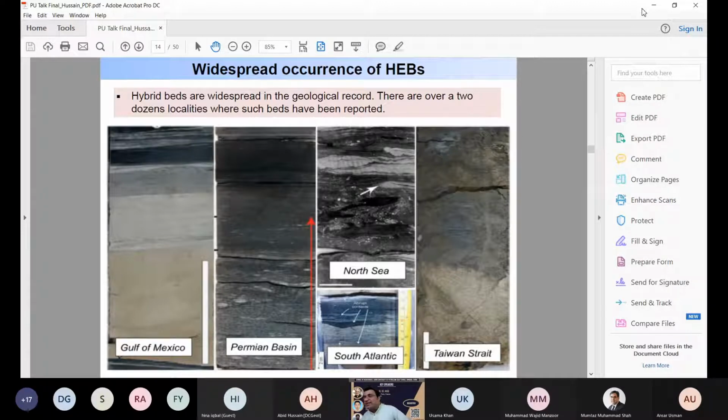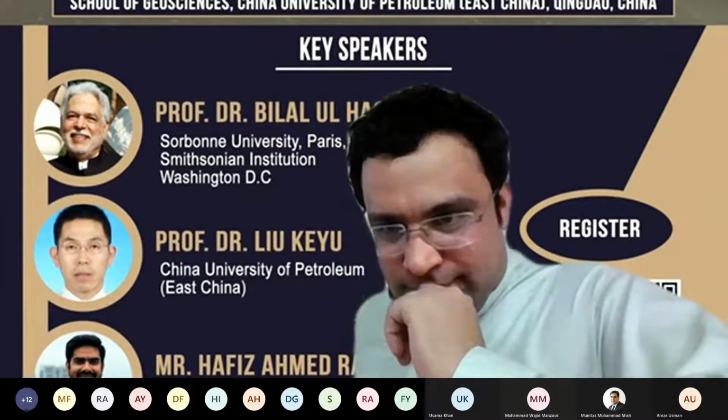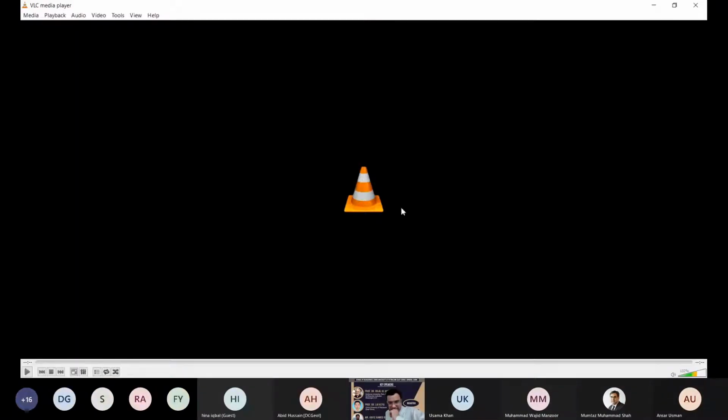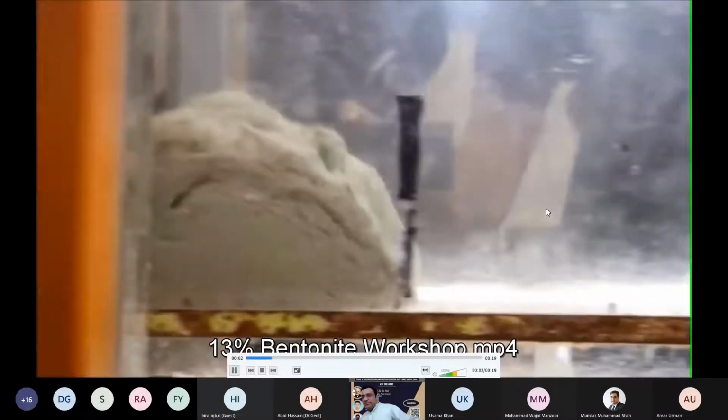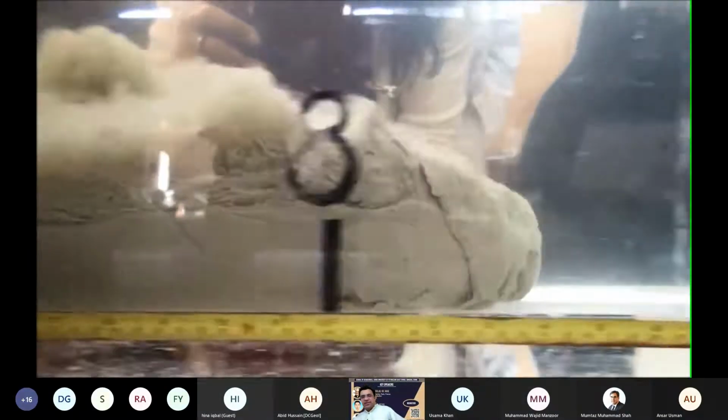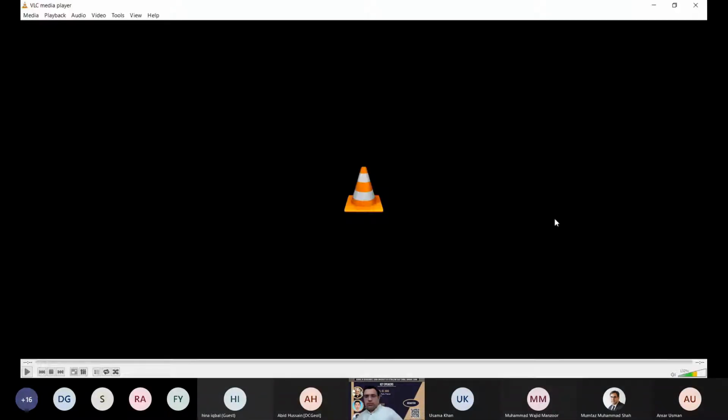And what you can see is the flow is behaving like a high density turbidity current with quite a lot of turbulence in the top region of the flow, fairly mobile, and the flow travels almost 14 feet along the flume tank.